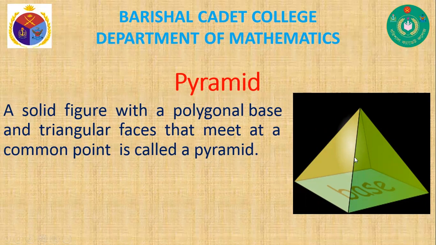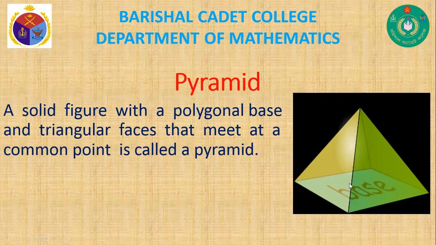This is a solid figure and its base is a quadrilateral, that is, a polygon, and the faces are triangular. This one is a face, this one is also a face. So we see that the faces are triangular. This is the figure of a pyramid.